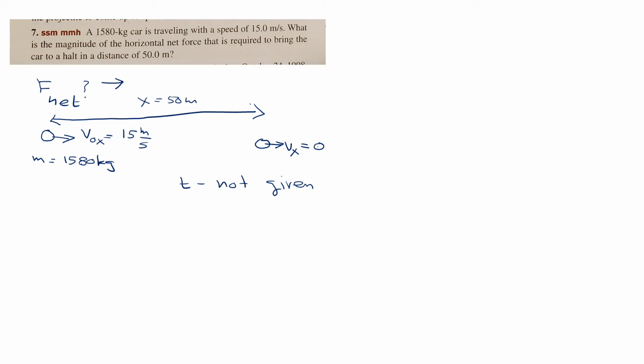So net force is mass times acceleration, and we don't know the acceleration, but we can find it. Let me write the equation: Vx square equals v naught square plus 2ax. This equation doesn't have time. Vx at this location is 0 because the car came to a complete rest.